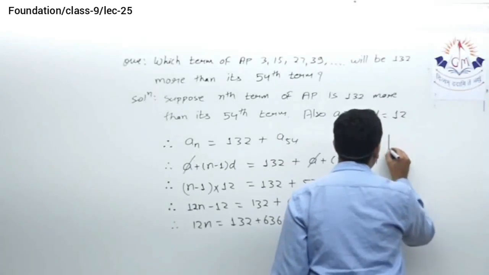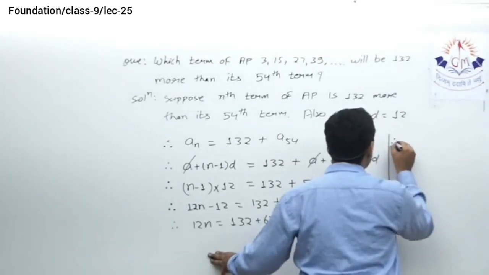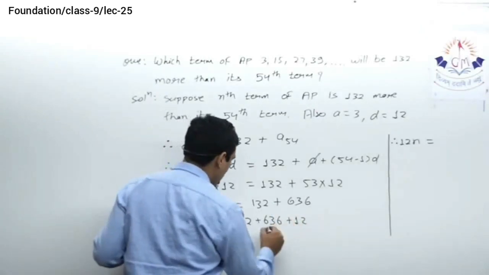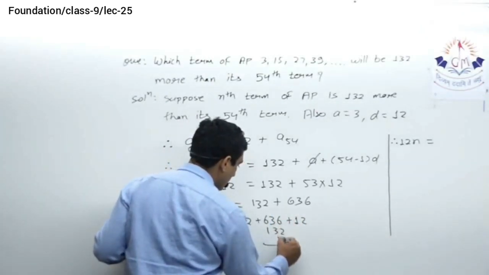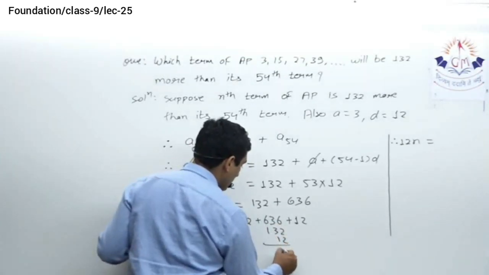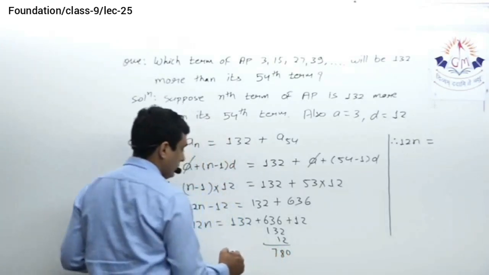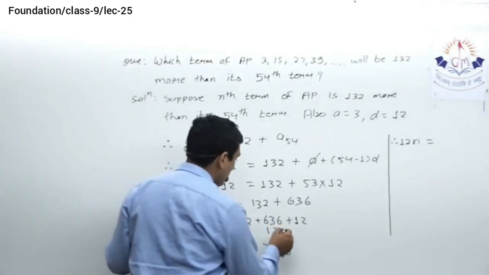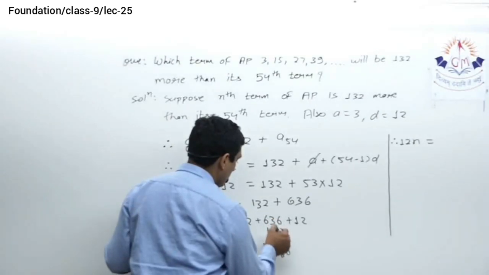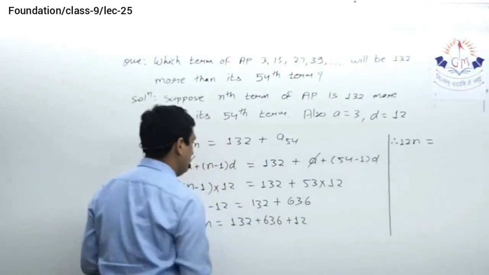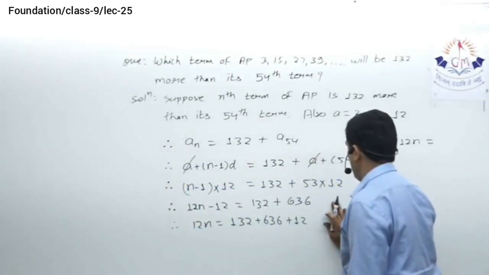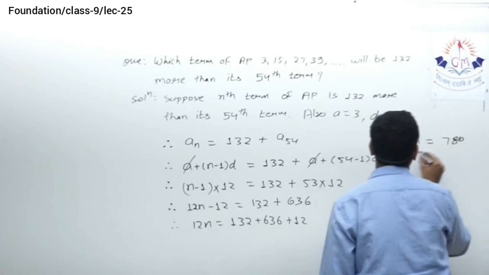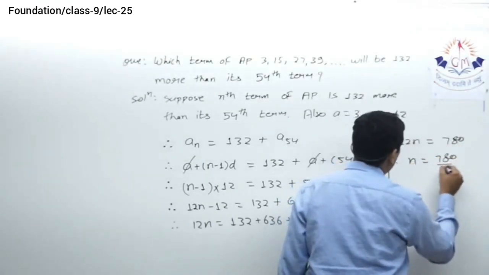Okay, so 636 plus 132 plus 12, that is 780. Therefore n is equal to 780 upon 12.